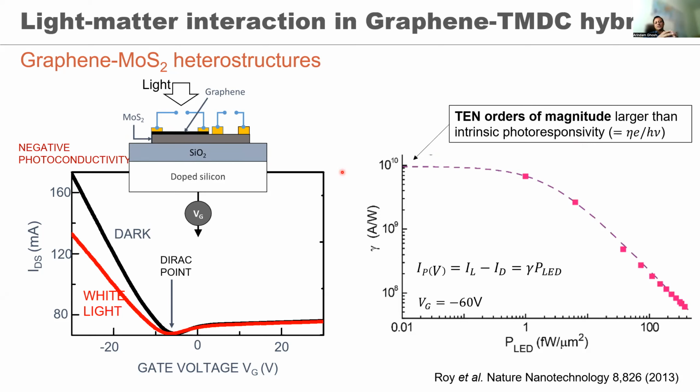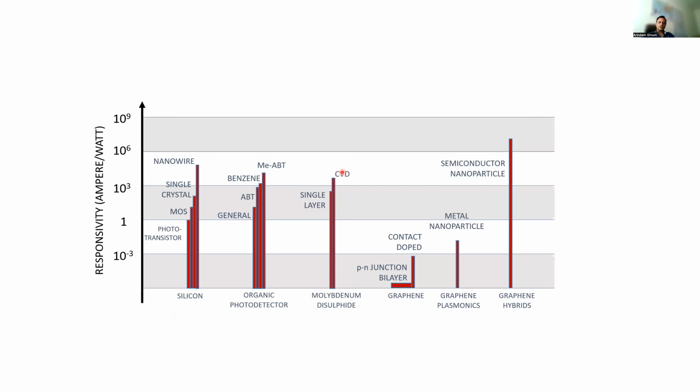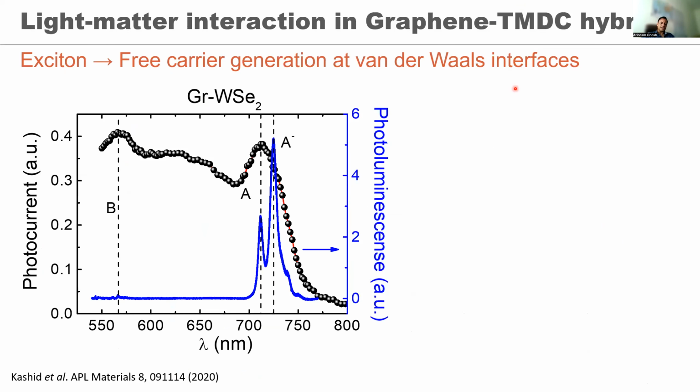So this essentially started the whole field of hybrid photodetection using van der Waals structures. In terms of the current state of the art, these kinds of structures have the highest responsivity known to us.